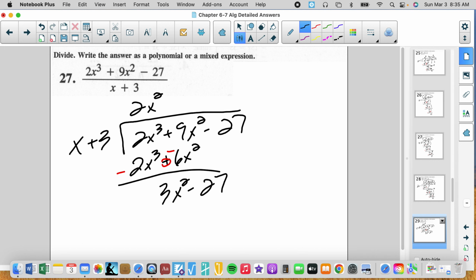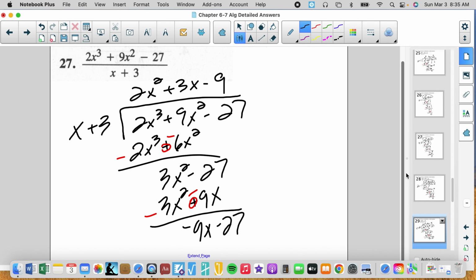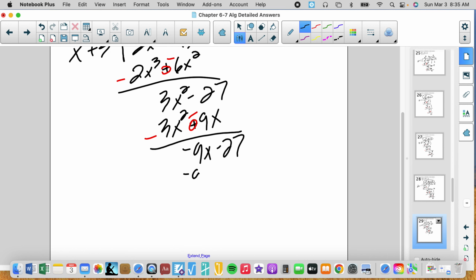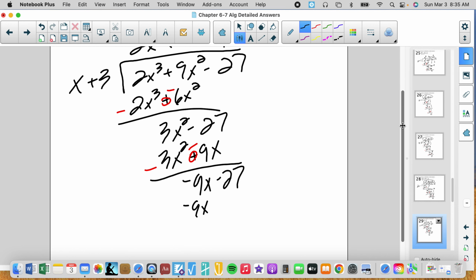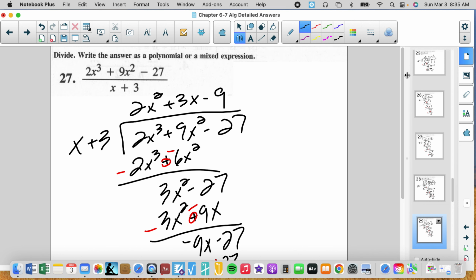So we're going to multiply it by a 3x. We get 3x squared plus 9x. There it is. There's where we start finding that missing term. We're going to multiply by a negative 9. That gives us negative 9x minus 27. Change the signs. Gives us 0. And that would be our answer.